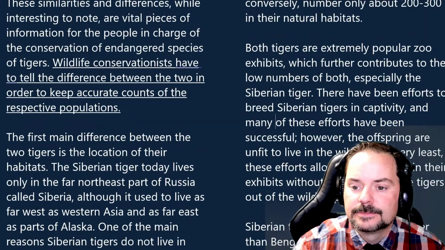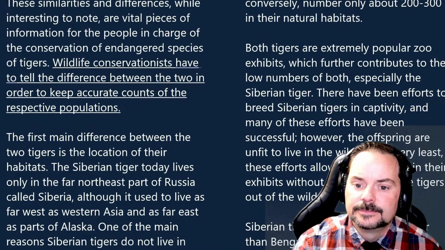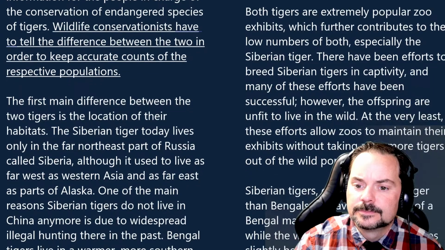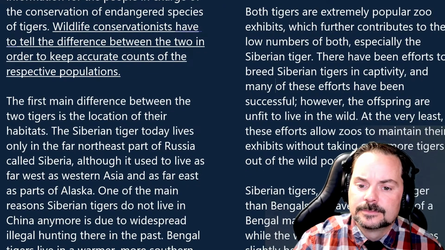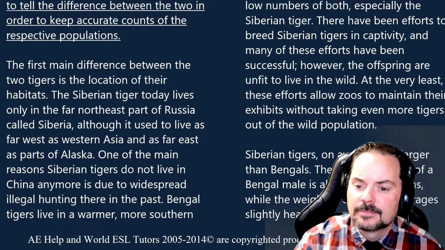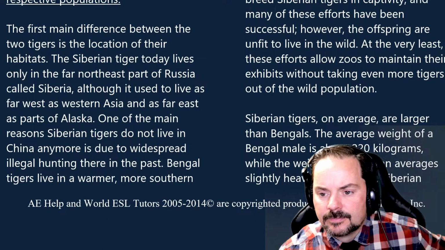Both tigers are extremely popular zoo exhibits, which further contributes to the low numbers of both, especially the Siberian tigers. There have been efforts to breed Siberian tigers in captivity, and many of these efforts have been successful. However, the offspring are unfit to live in the wild.